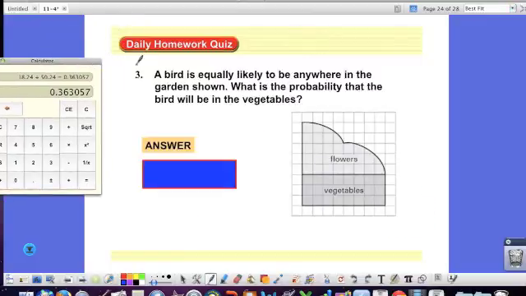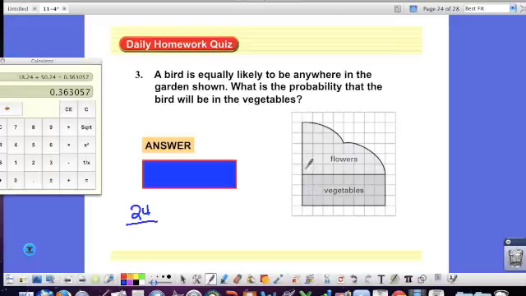Okay, a bird is equally likely to be anywhere in the garden shown below. What is the probability the bird will be in the vegetables? 1, 2, 3, 4, 5, 6, 7, 8 times 3. So the vegetables have an area of 24. The whole thing, okay?